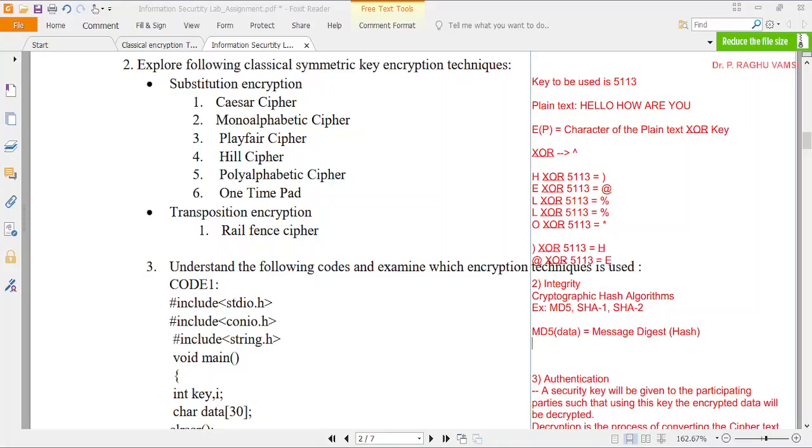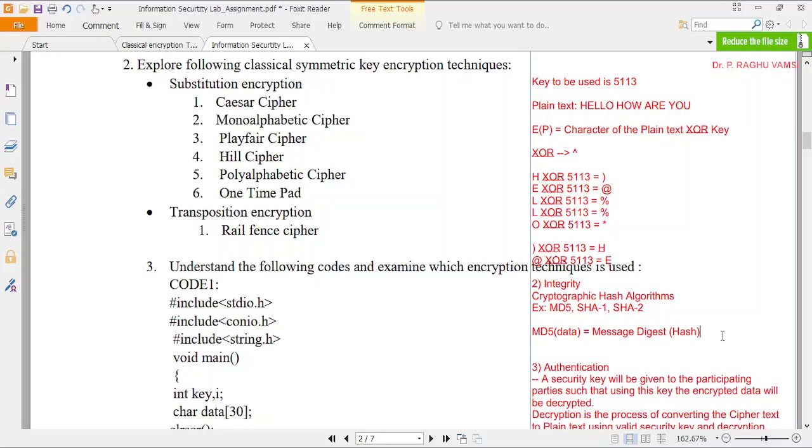If the message digest sent by the sender and the message digest obtained at the receiver end are equal, that means the data has not been tampered with in transit. Otherwise, the receiver will come to know that the message has been tampered with. In this way, integrity is maintained in the communication with the help of cryptographic hash algorithms.